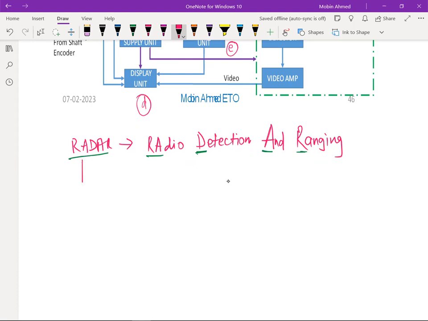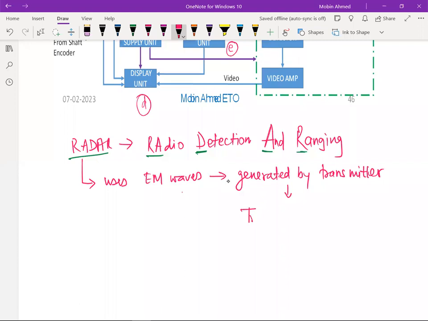Now already I have told you this uses EM waves, electromagnetic waves. Now these electromagnetic waves are generated by the transmitter unit. This transmitter unit is going to generate these EM waves, so this will be known as a transmitter. This will be known as radiated or transmitted EM waves.